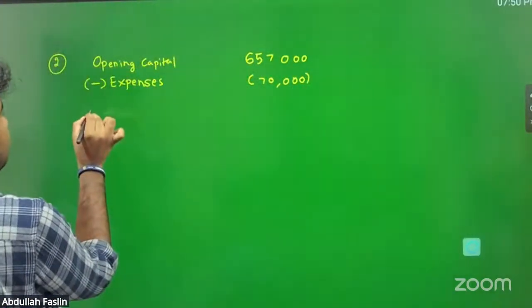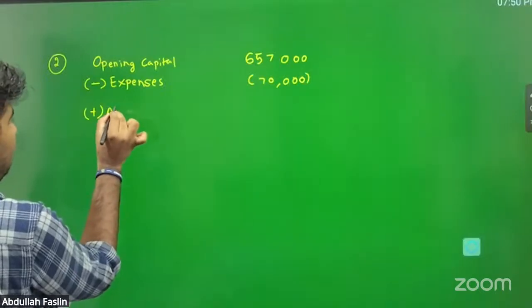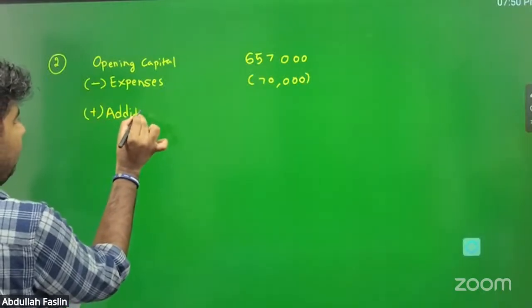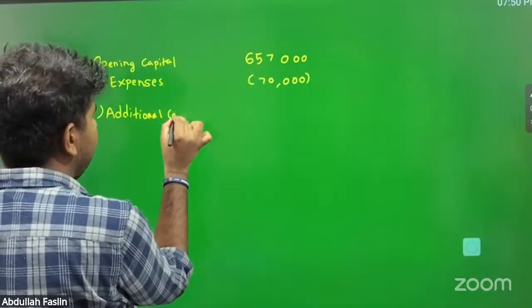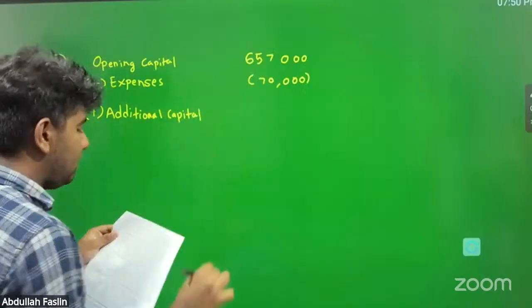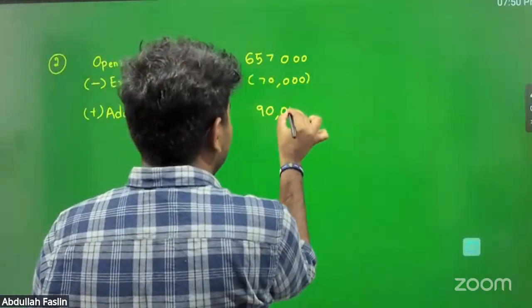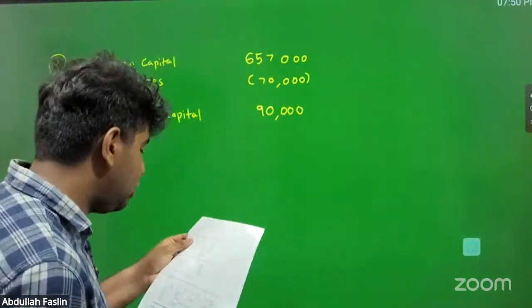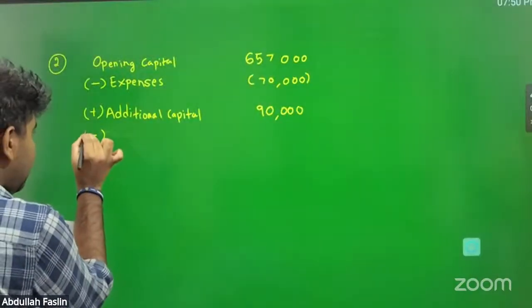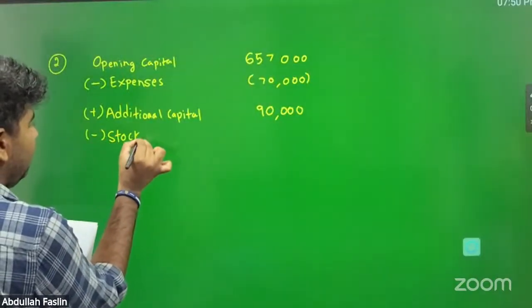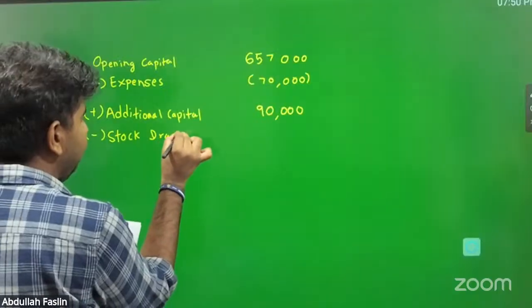Additional capital means you have to add. In this business, additional capital is 90,000. Stock drawings, you have to deduct. I told you, drawings you have to deduct from the equity.